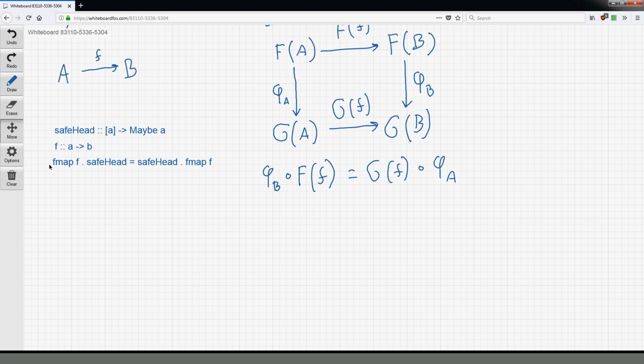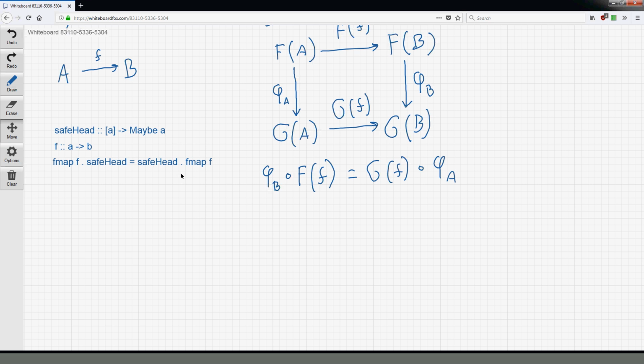Essentially, this realizes that this is an fmap on the Maybe type, right? So this means that you could take safe head and then apply the function, or the fmapped function to the Maybe, or you could, and so the type inference system of Haskell will figure out that this is mapping, the f mapping using the fmap function for the Maybe functor.